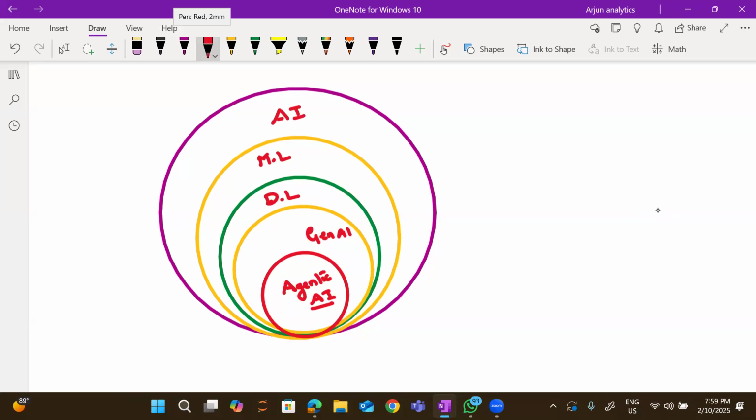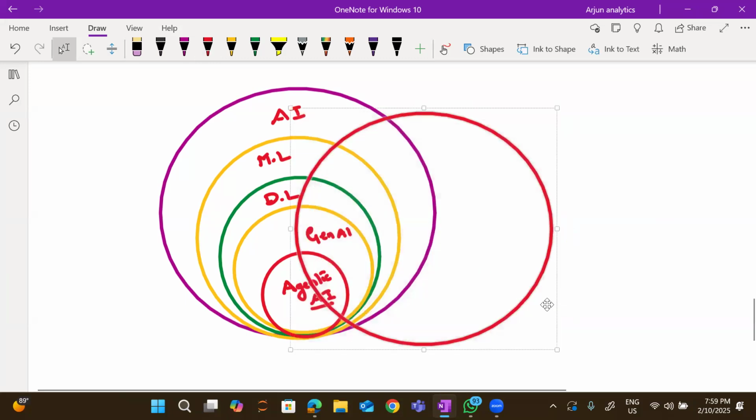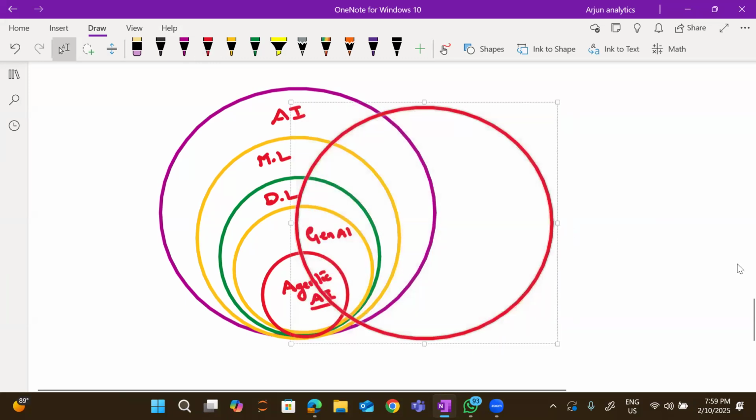Data science is a part of everything, because all of these require data. Data science is the one which provides you the data. So first one AI, ML, DL, generative AI, agentic AI, and data science.